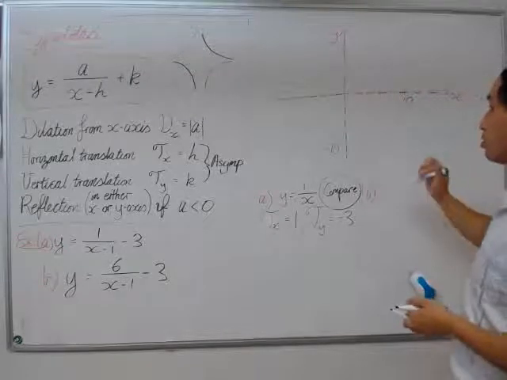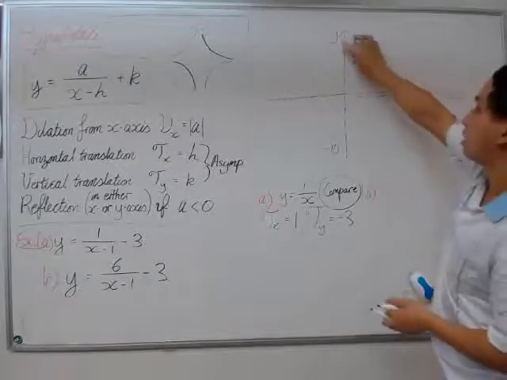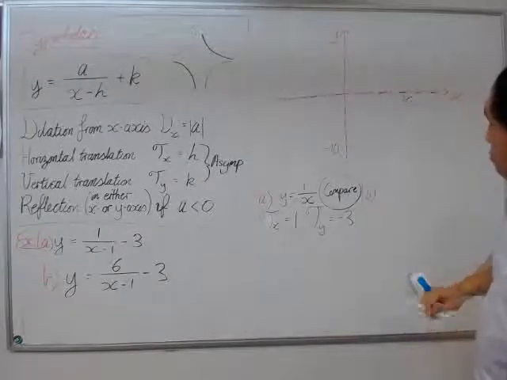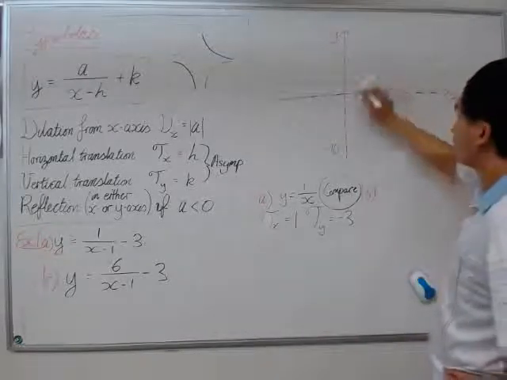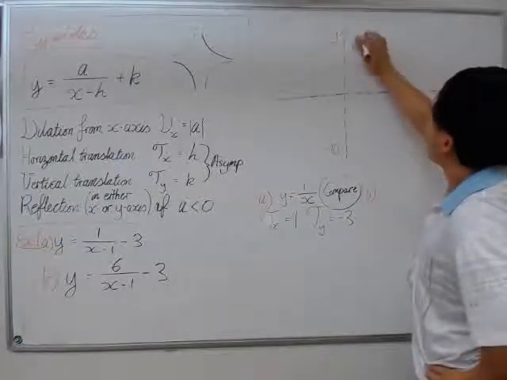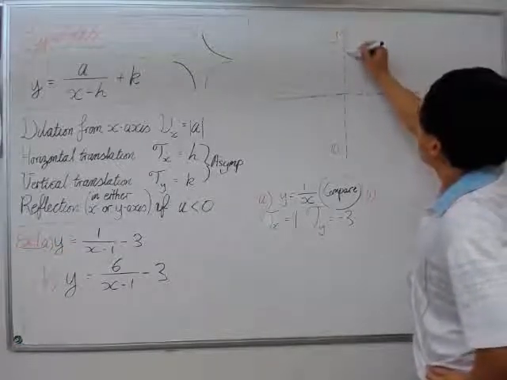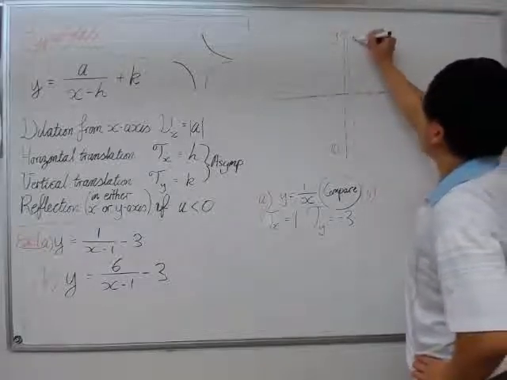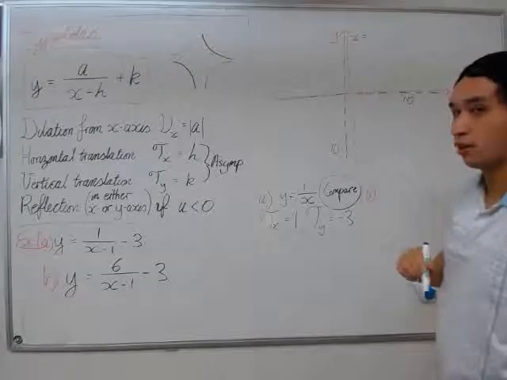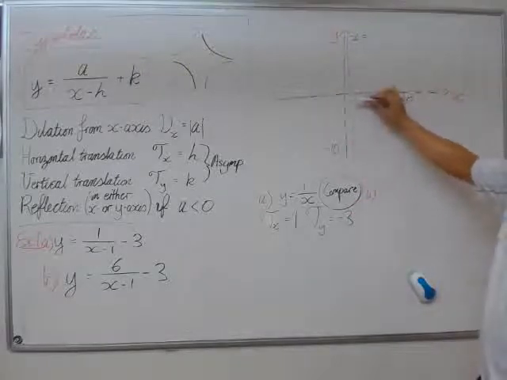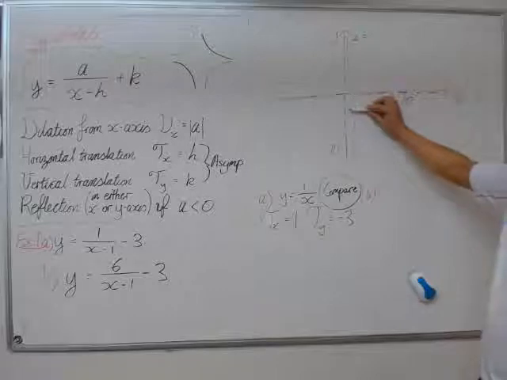So our new asymptotes are not going to be these blue lines, but rather, maybe I'll draw this in green instead. It's going to be 1 to the right, so the vertical one is now over here somewhere. So this is x equals 1, it's not x equals 0 anymore. And we're going from y equals 0 all the way down to y equals negative 3 now.